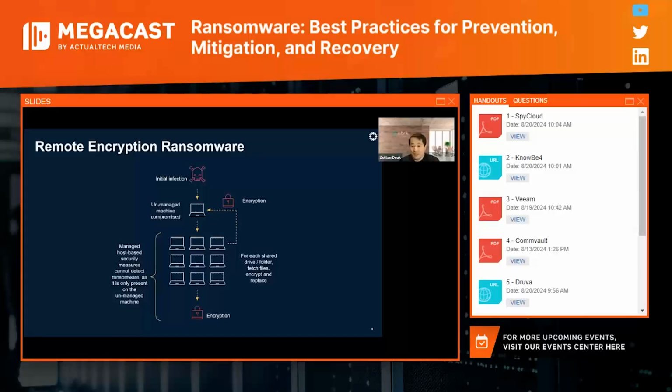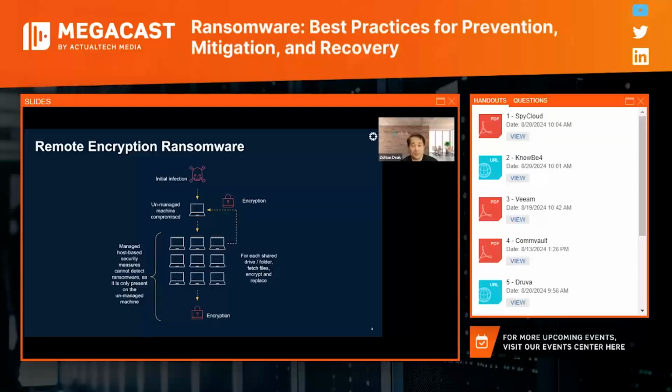This scalability also makes these attacks dangerous to enterprises, right? That's because that single vulnerable endpoint jeopardizes an entire organization's network, even if all the other devices are protected by advanced security protections. So attackers are also not limited to specific ransomware variants.